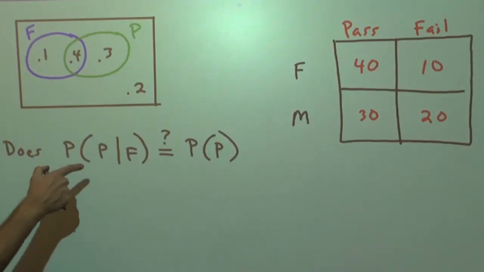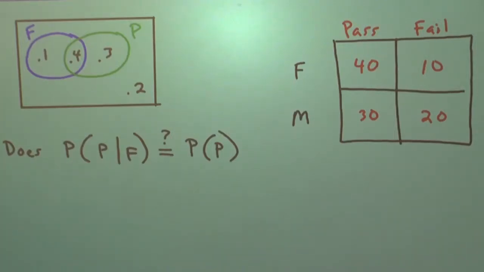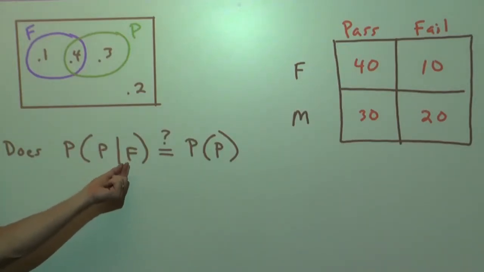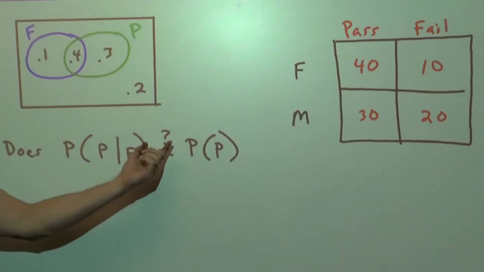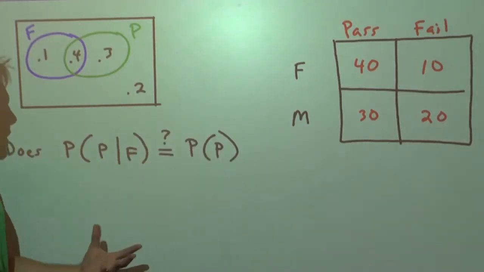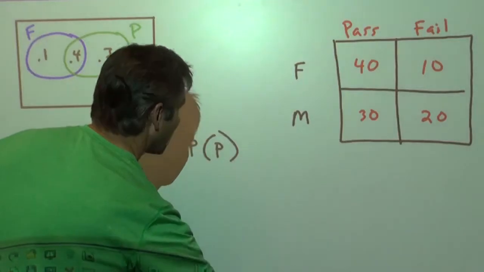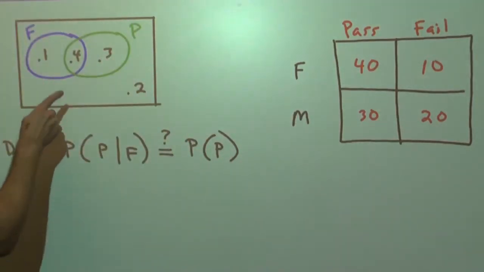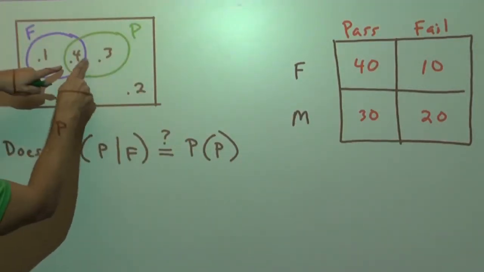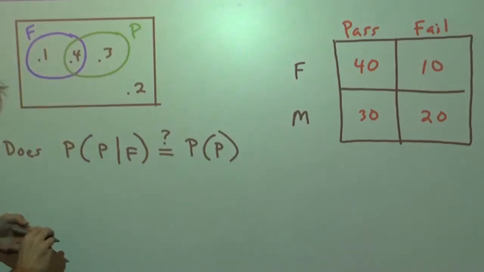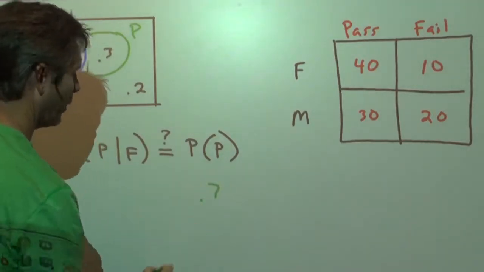And once again, we can do it this way. The second test of independence asks: is the probability of passing the test, given that you're a female, still equal to the original probability of passing the test? If we look at the probability of passing the test, altogether there were 70% of the people that passed, so this is 0.7.